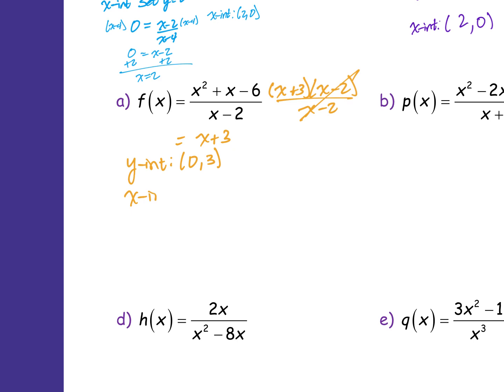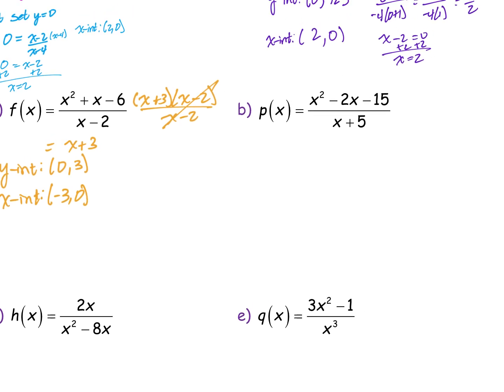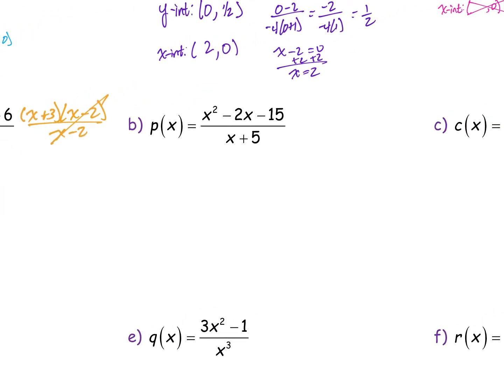And my x-intercept should be -3, 0. Done. All right, please let me know if I get it wrong, okay? Huh? I don't know if you got it wrong. I know, but we'll talk about it, right?